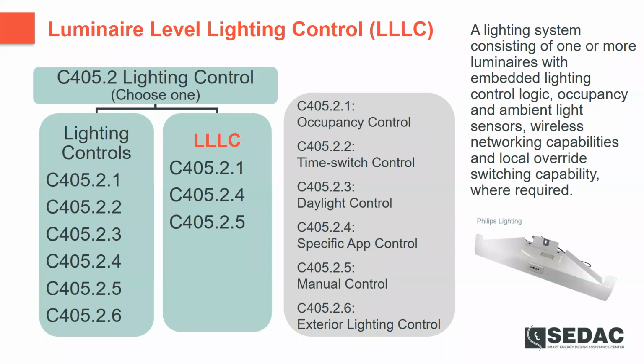As far as specific requirements within the code, you can see called out here, luminaire level lighting controls have 3 specific sections they have to comply with. So occupancy control section, the specific application control section, and the manual control of lighting, so the manual overrides.